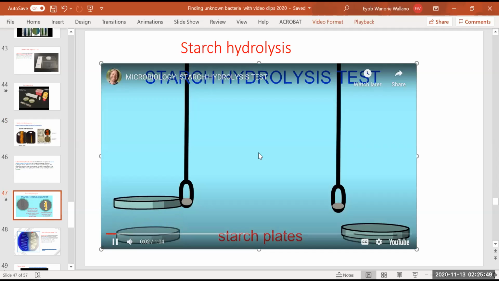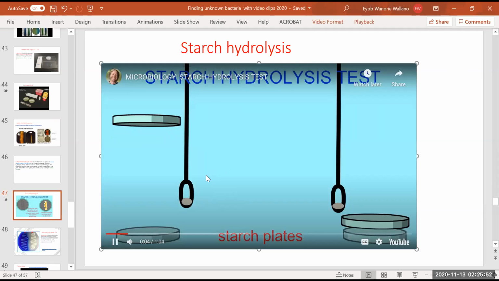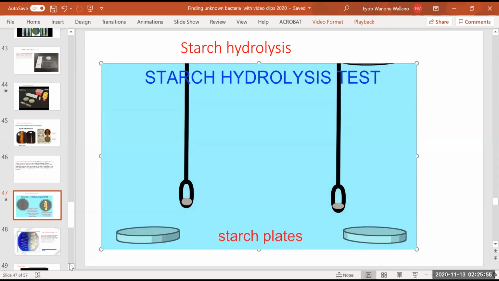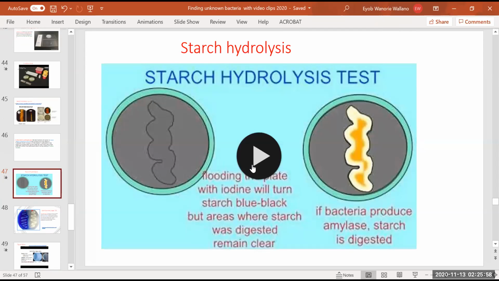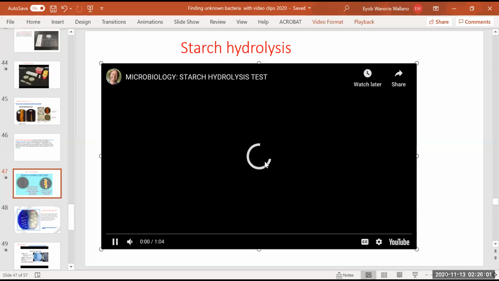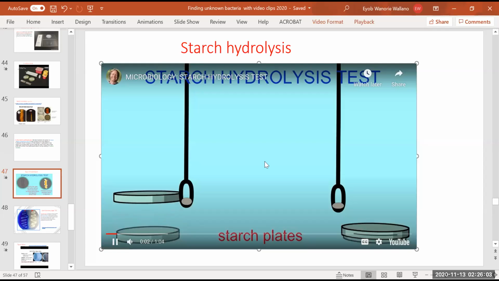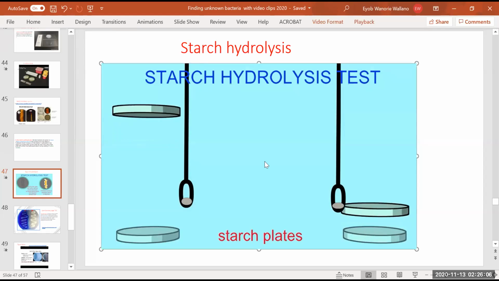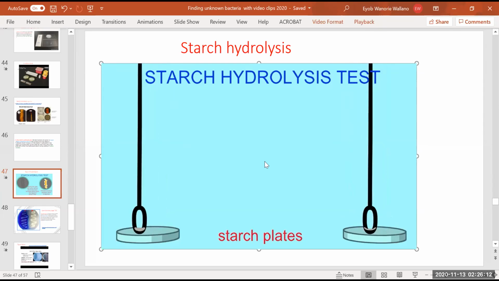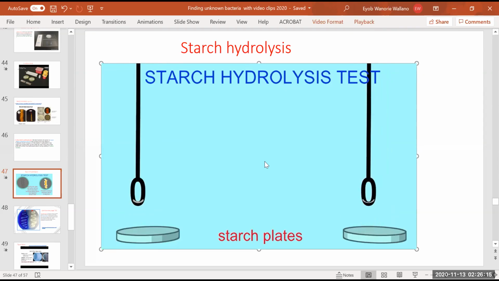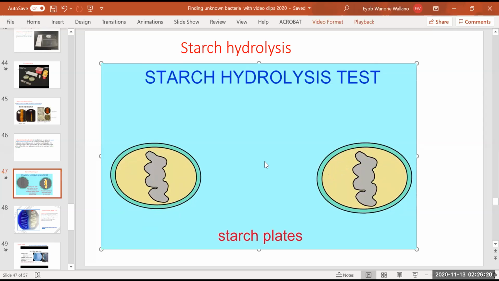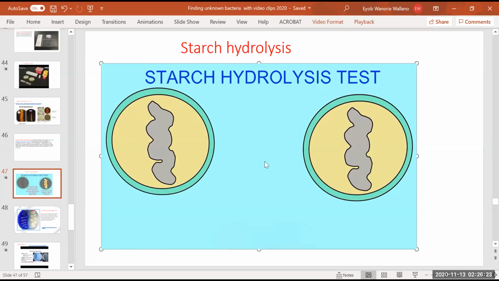Some bacteria release the extracellular enzyme amylase, which digests starch. If bacteria are spread onto starch plates, which have starch incorporated into the agar, and incubated for several days, those that make the enzyme amylase will digest the starch in an area around the bacterial colonies.